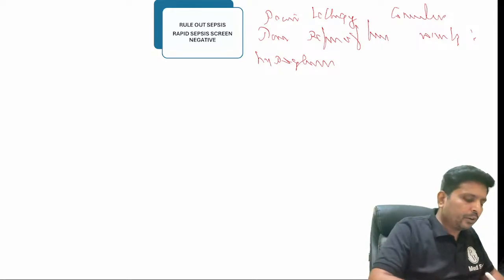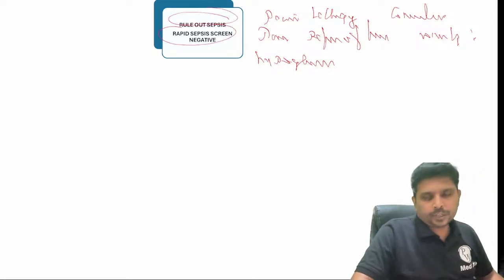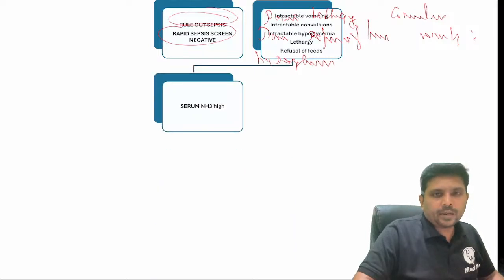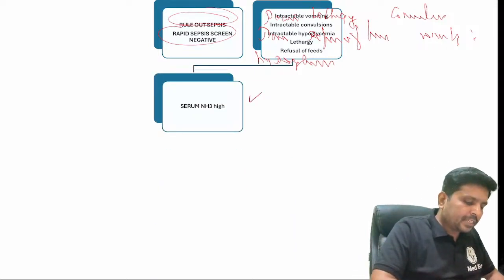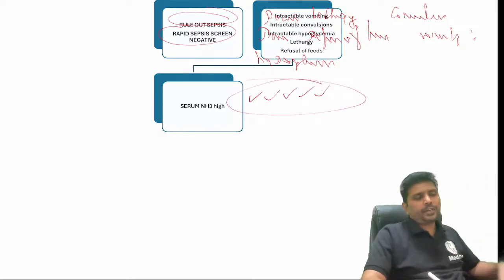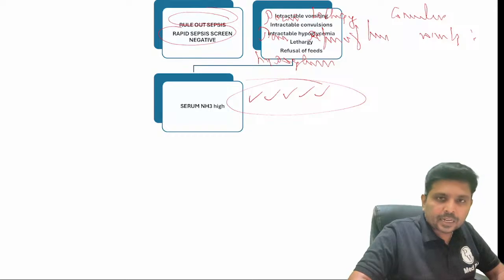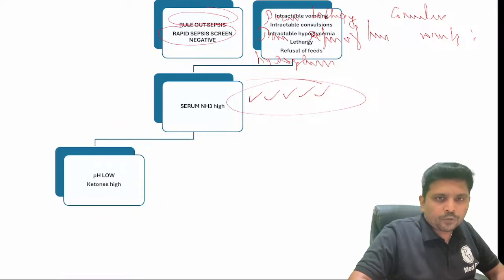Then always rule out sepsis, then you need to do serum ammonia. Serum ammonia is the first investigation of choice in any case of suspected inborn errors of metabolism. When serum ammonia is high, look for whether acidosis and ketones are high.